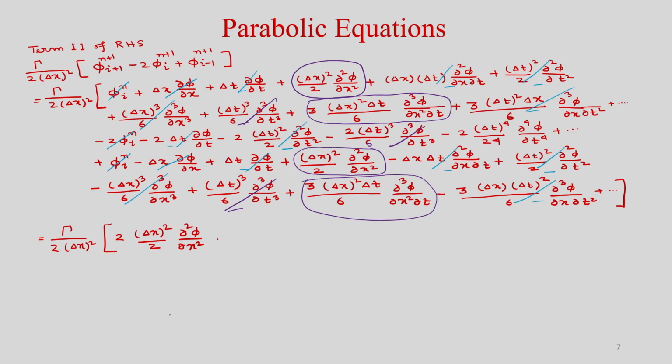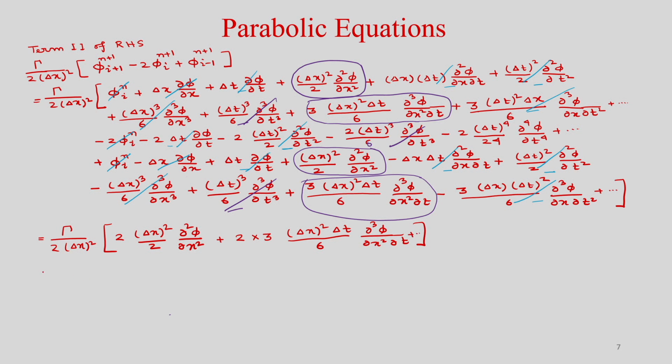This is also 2 times, so you can write 2 into 3, 2 into 3 ∂x²∂t by 6 ∂³φ/∂x²∂t, and plus higher order terms we are neglecting.